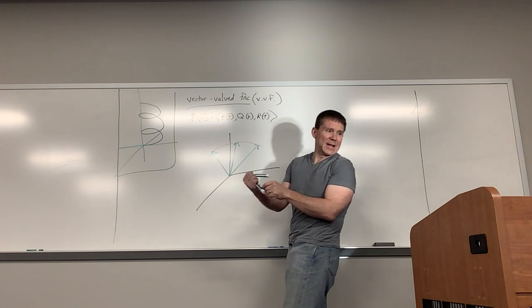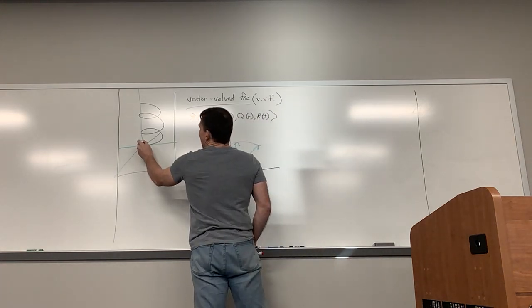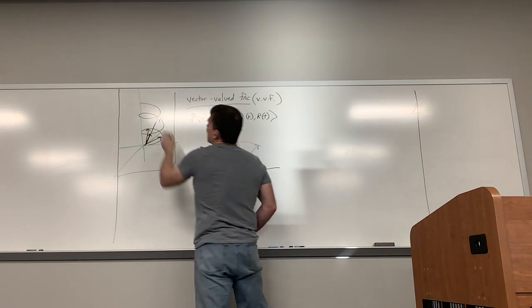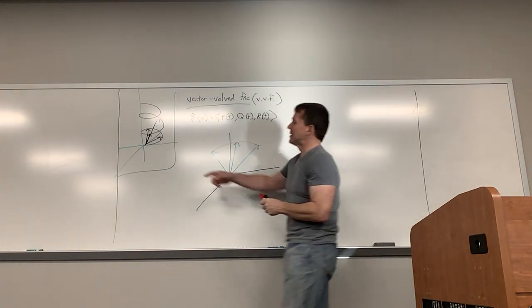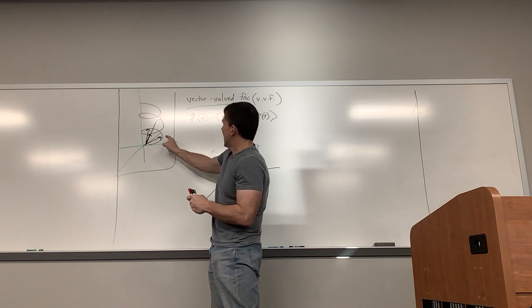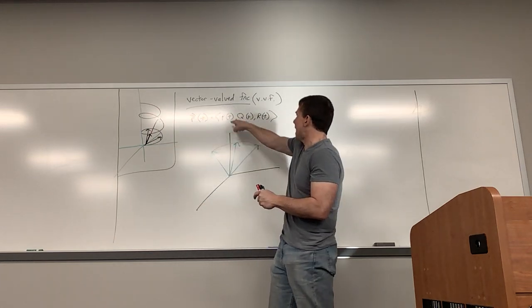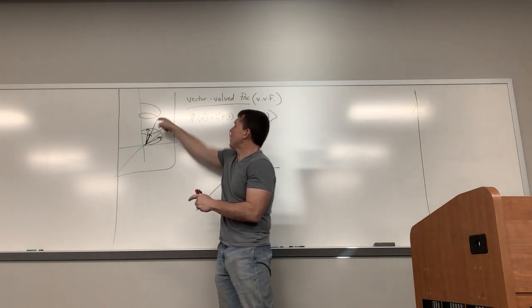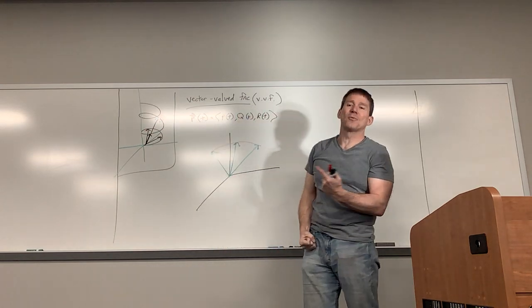Then I can try to define a vector valued function where I'll have a vector that terminates there, and a vector that terminates there, and a vector that terminates there, etc. And now I can see that if I can do this, then I can actually sketch out curves in space. I just need to come up with the functions p, q, and r that will give me those vectors for different values of t, so I can get that curve right there.